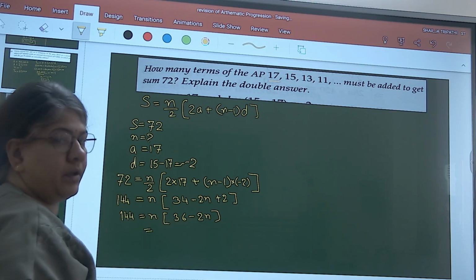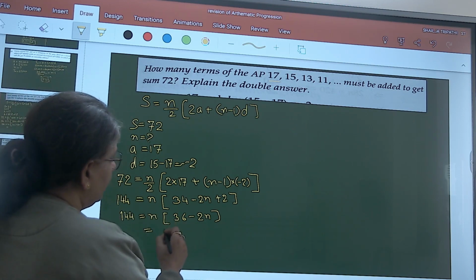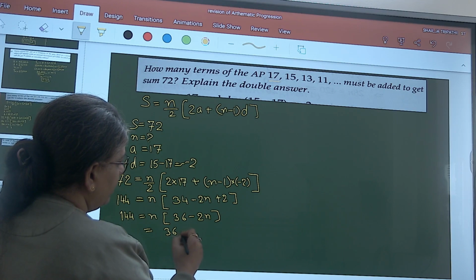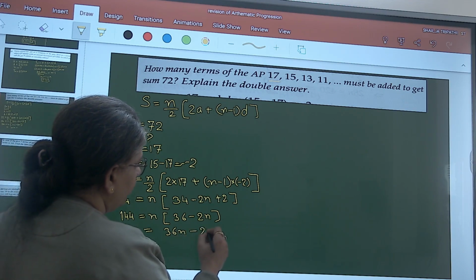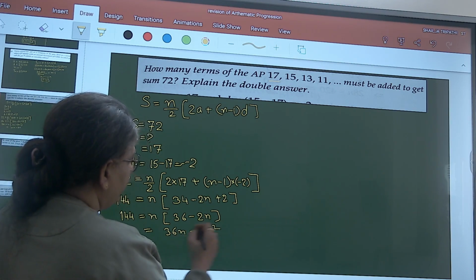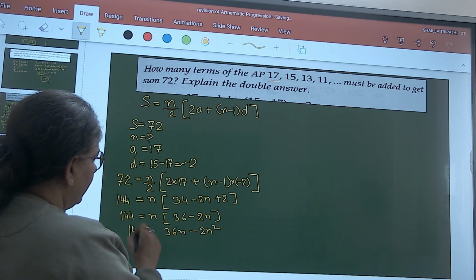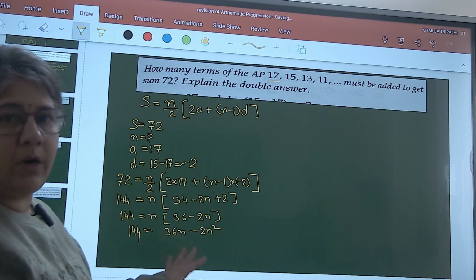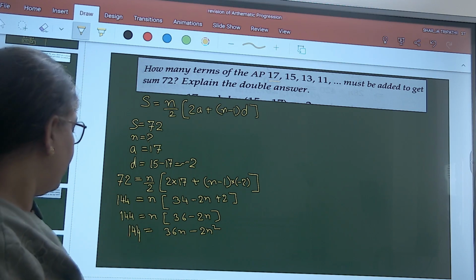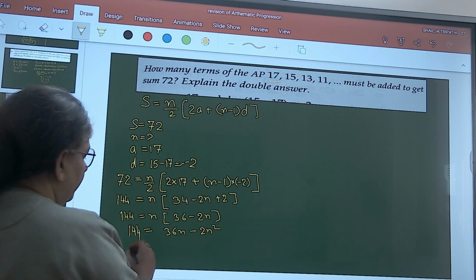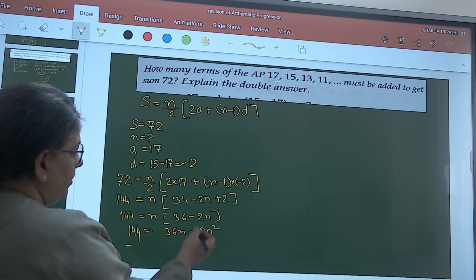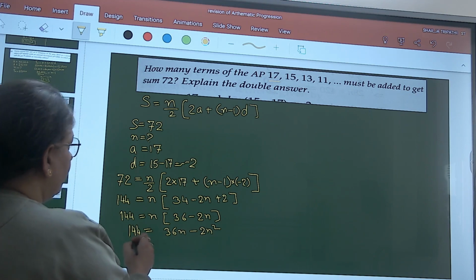Let's multiply n with the bracket. So we get 36n minus 2n square. So this is of the form of a quadratic equation. Let's rearrange. Shift this minus 2n square to the left side.